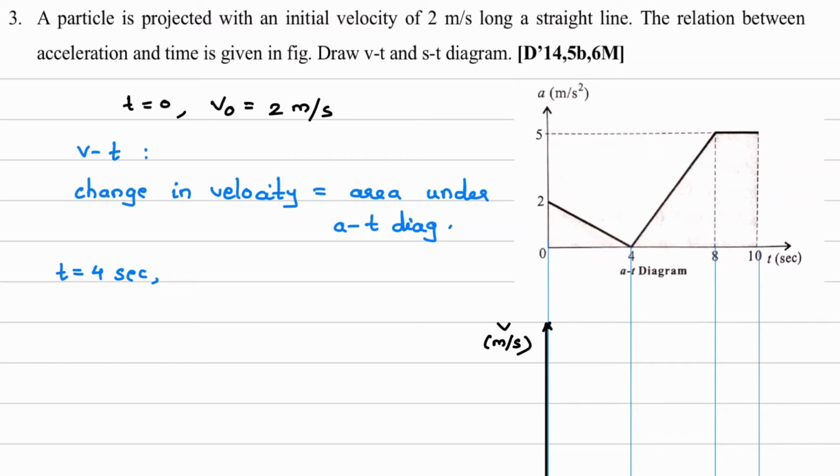So we can write down V4 minus V0 is equal to half into 4 into 2. Now V0 value, it is given in the question 2 meter per second. So we can calculate V4 from here. V4 is equal to 4 plus 2 equal to 6 meter per second.